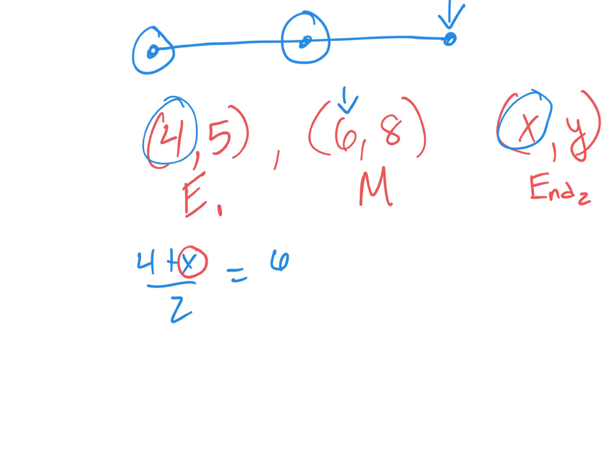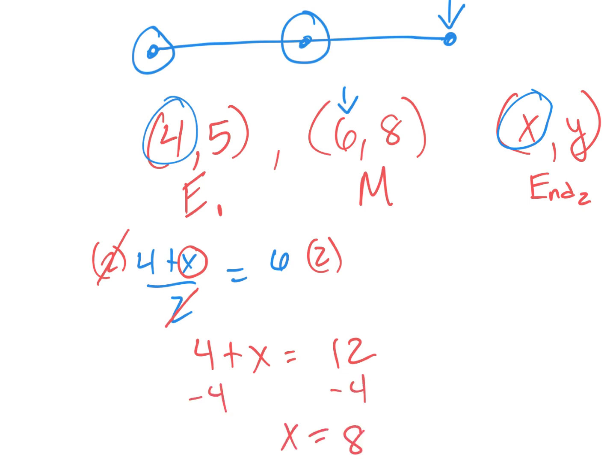What's the opposite of division? Multiplication. So I'm going to multiply both sides by 2. On the left, as ugly as that looks, you're going to wipe out that 2 downstairs. So we've got 4 plus x equals 12. And that looks like an easy problem to do. So we subtract 4 and x equals 8. So we know our first answer is an 8.